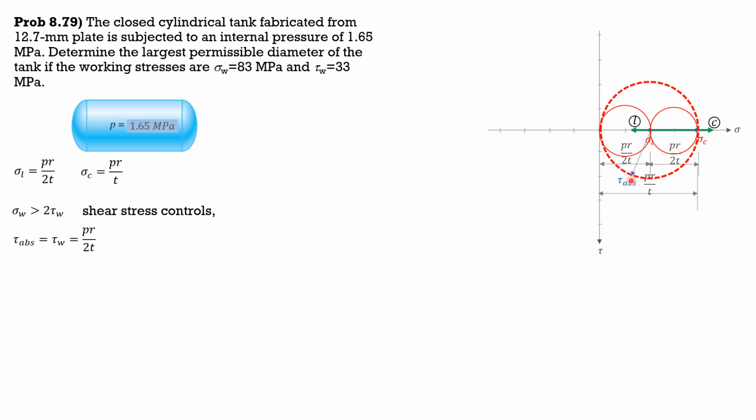The radius of this largest circle is sigma sub C over 2, or tau absolute, and since sigma sub C is PR over T, divided by 2, it is PR over 2T. So 33 equals P radius over 2 times 12.7. So R is 508 mm, therefore the internal diameter is double this value, 1016 mm.